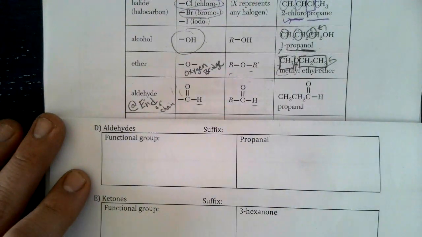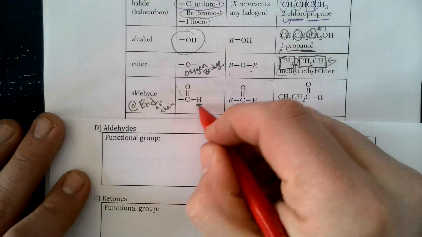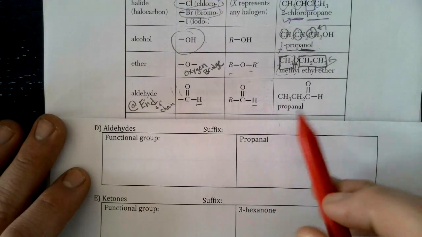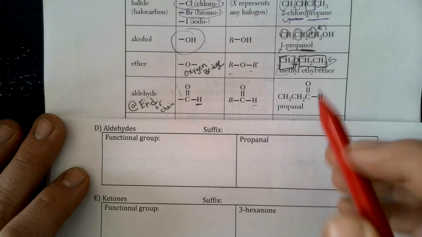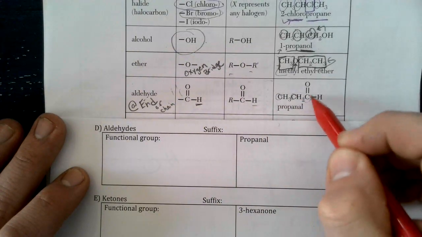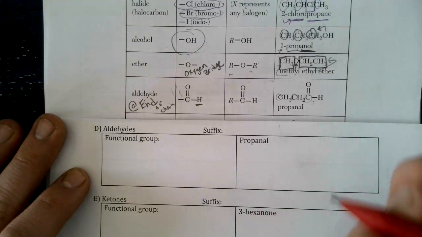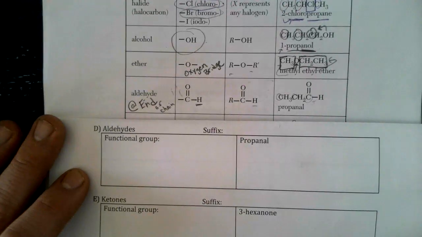They can't be in the middle. They have to be at the end because there's an H. It does not continue. So in the example of propanal, we have a 3-carbon chain where this is at the end. And you don't need a number because it's either at the beginning or the end. It's always the first thing there.